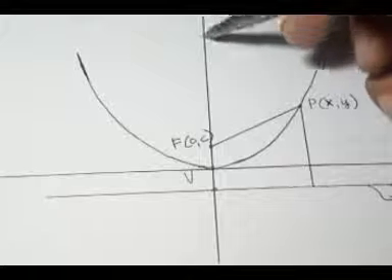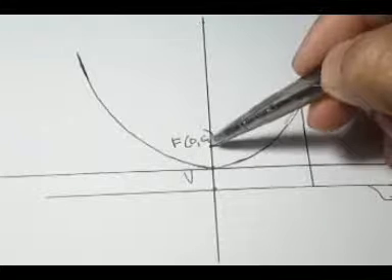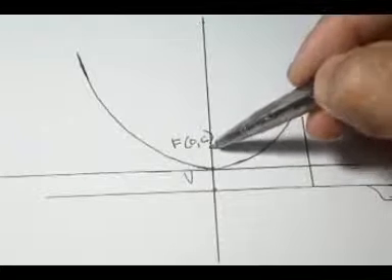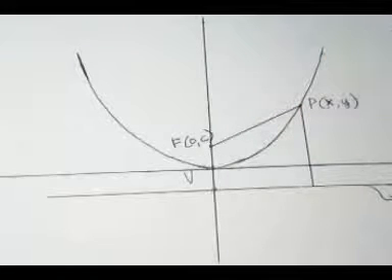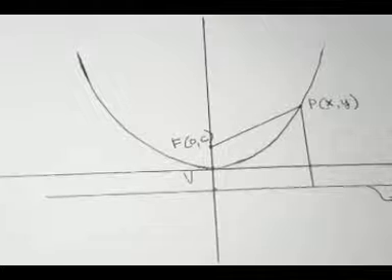This is the axis of symmetry. The focus F is on the axis of symmetry. Now let us determine the equation of the parabola.